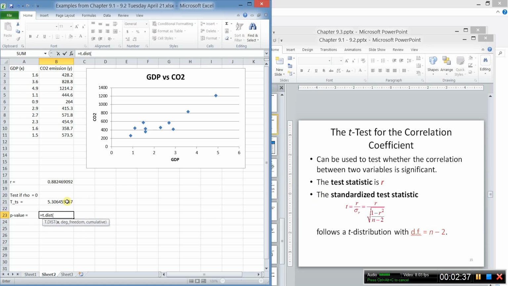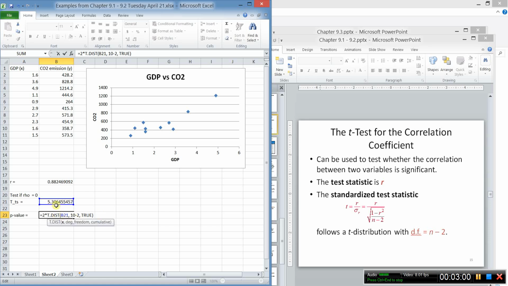I'll hit my t-statistic. What's my degrees of freedom? Degrees of freedom is usually n minus 1, but in this case it's n minus 2, so don't forget that. So that'll be 10 minus 2. And you write true for cumulative. Yes, you want it to be cumulative. And of course, I need it to be 2 times.